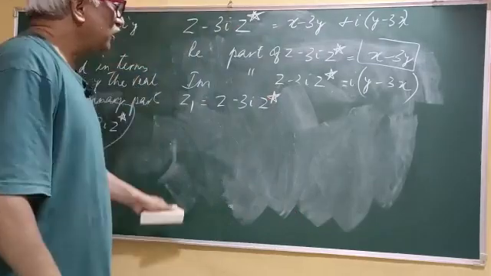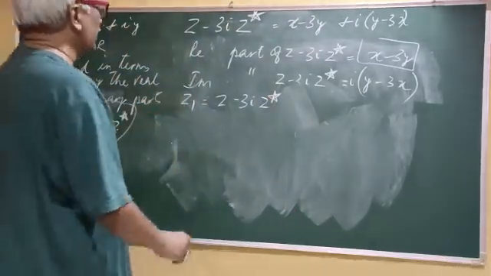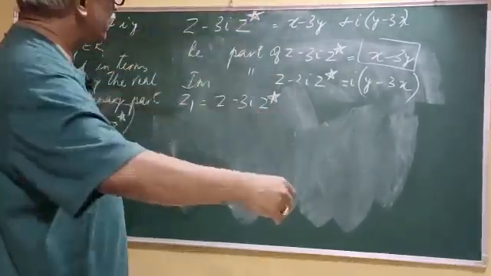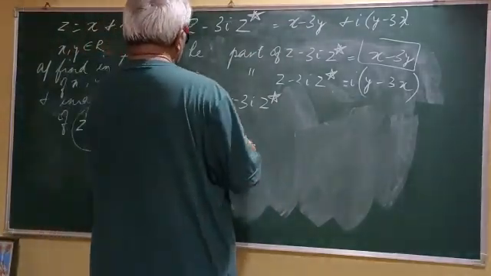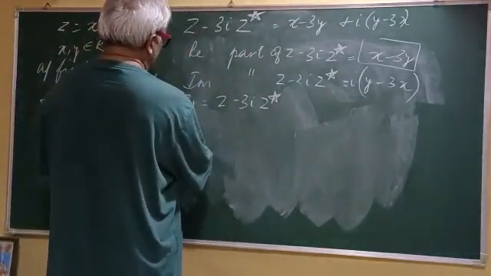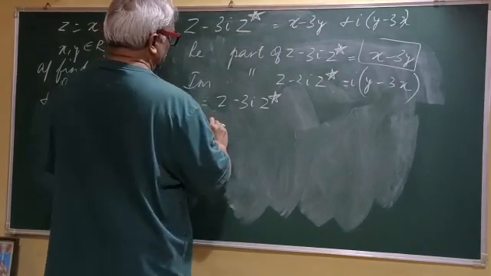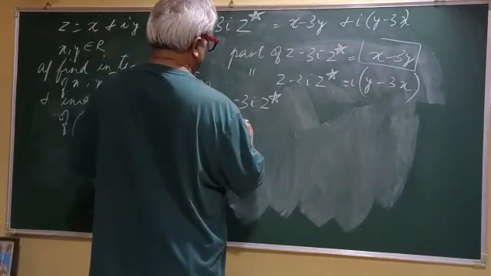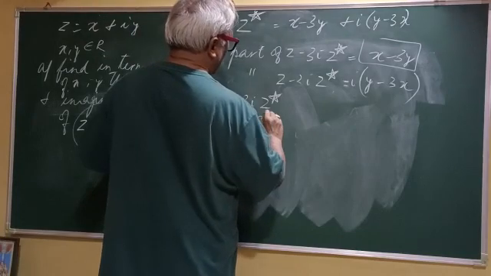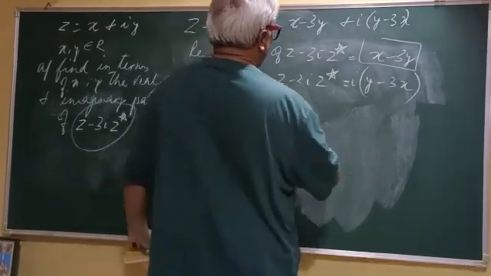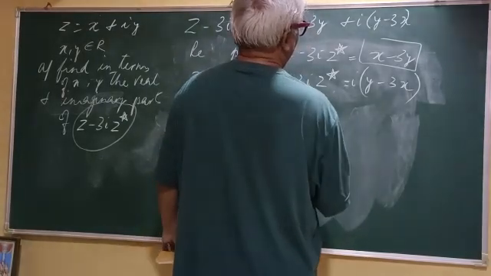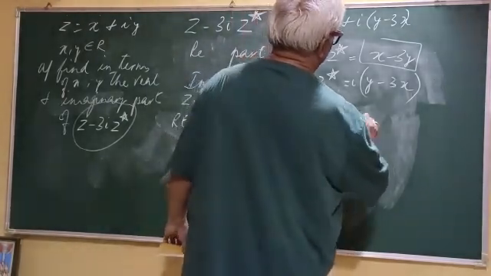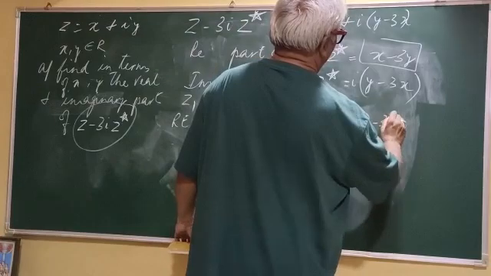Then the real part of Z1, which we write as Re of Z1, is x minus 3y.